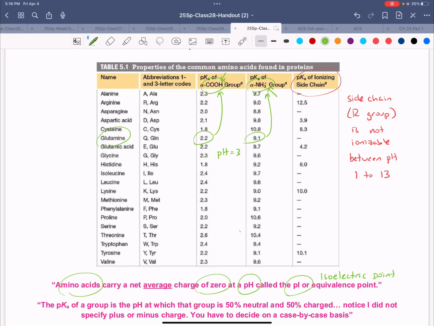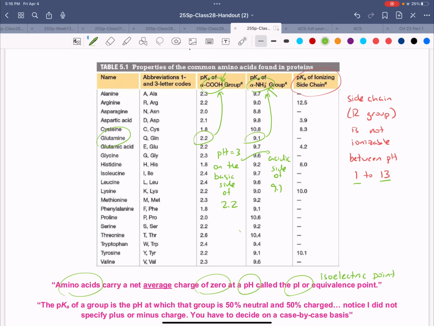So when I say pH of 3, that is on the basic side of 2.2. But pH 3 is also on the acidic side of 9.1. You know that 13 is very basic, 1 is very acidic.